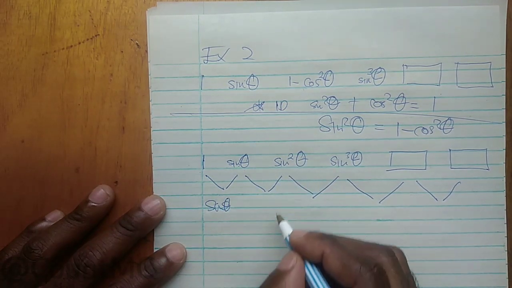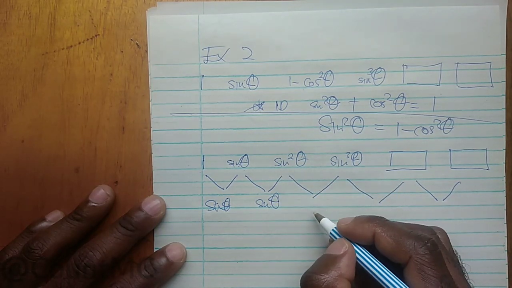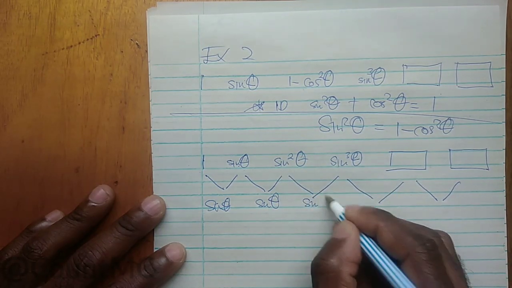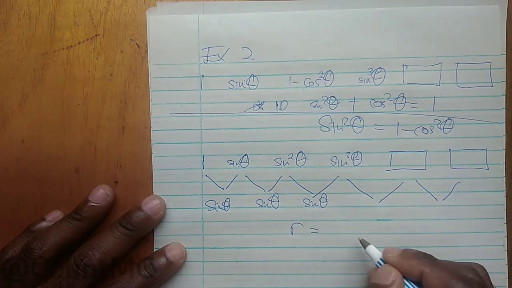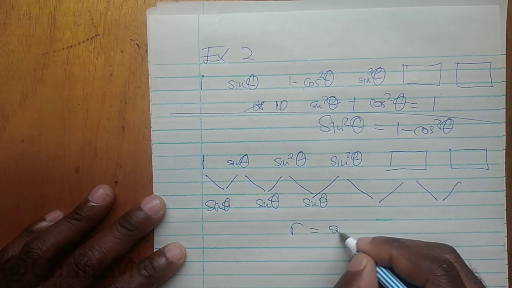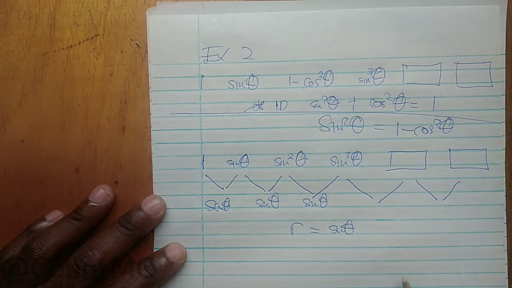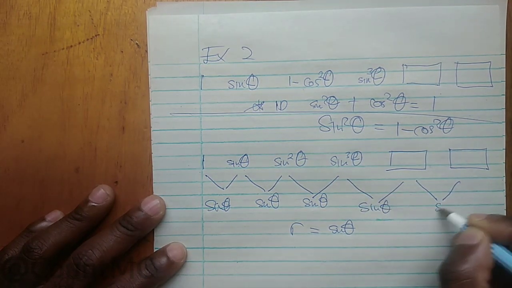Sine squared theta divided by sine theta, get a sine theta. Sine cubed divided by sine squared, also get a sine theta. So our r, always mention it, our r is equal to sine theta. So it should be sine theta throughout.